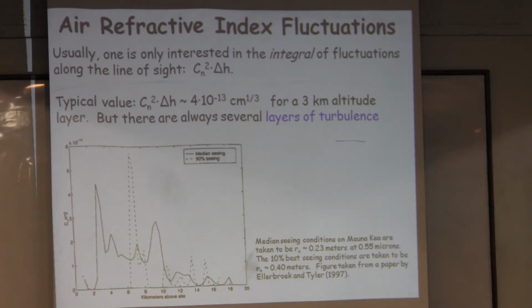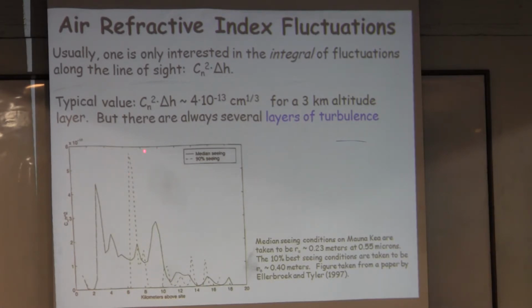So apparently there must be some condition in the atmosphere where on average you have some winds at low altitude that give you bad seeing. But if you take the best nights on Mauna Kea, these components are completely gone and you only have some very strong component at 7 kilometers.